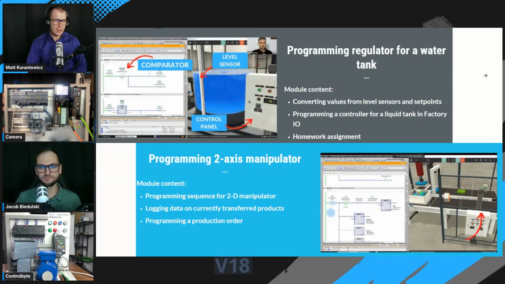for a water tank. And we have a scene in Factory IO. We can fill the tank with liquid, and we can empty the tank with the liquid. This is a really important project because here you will learn how to create a PID algorithm from scratch, a PID controller from scratch.